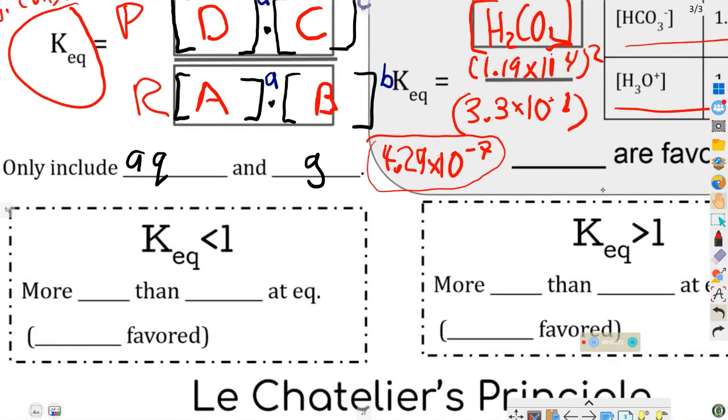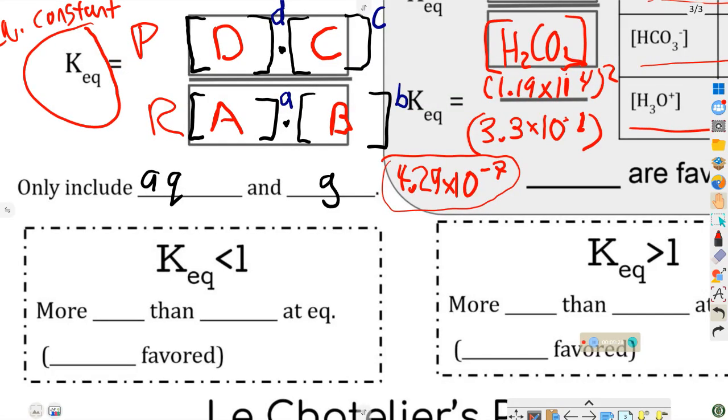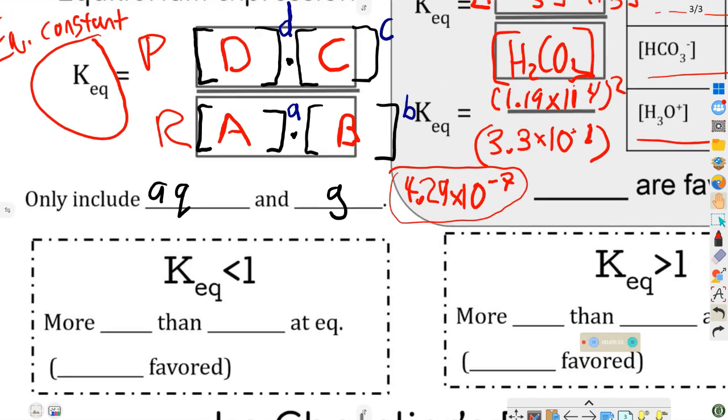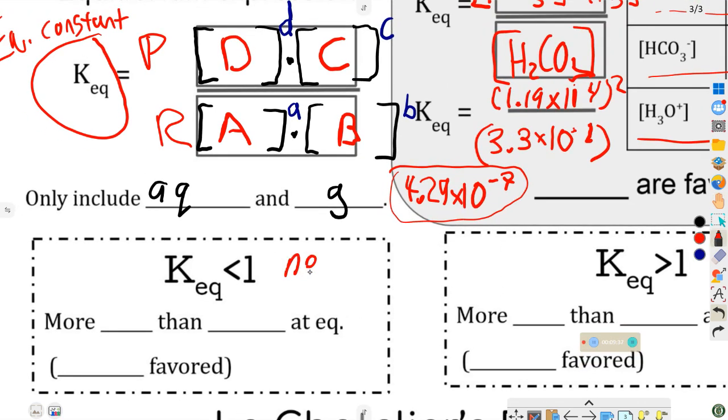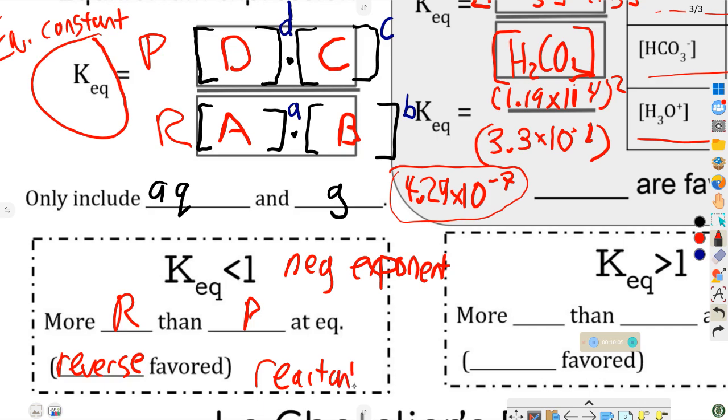Now, what does this mean for us? If an equilibrium constant is less than 1, so we've got a negative power of 10, there are more reactants than products at equilibrium. So the reverse reaction is favored, or reactants are favored.